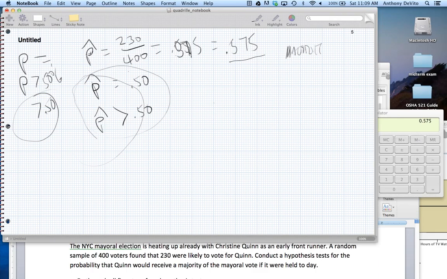Okay, so that's our job here. Now with this proportion, we can calculate a confidence interval. What is our confidence interval for the real proportion in the population that favors Christine Quinn? A 95% confidence interval for P is P cap plus or minus 1.96, since our sample size is big enough, times the standard error.